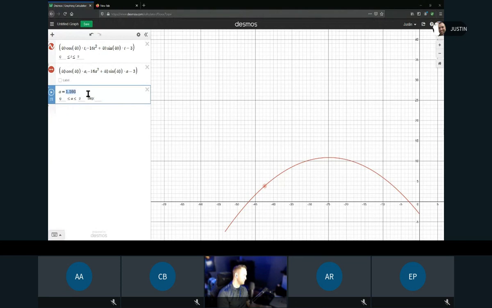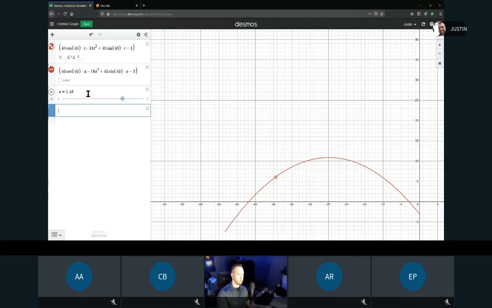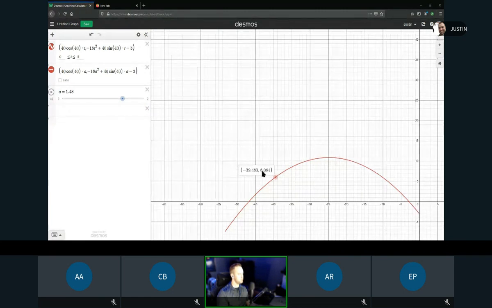Antonio, was it the 1.48? 1.48. Okay. So I hit enter. It is at a height of 6 feet, distance of 39.4 feet. Assuming my equation is correct.